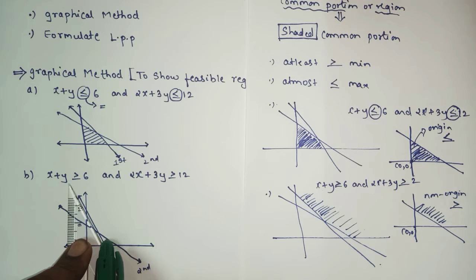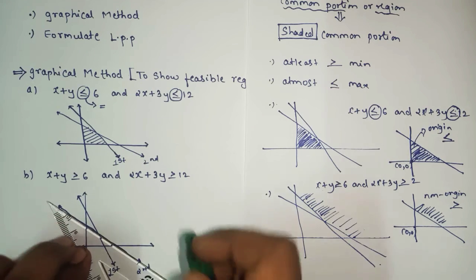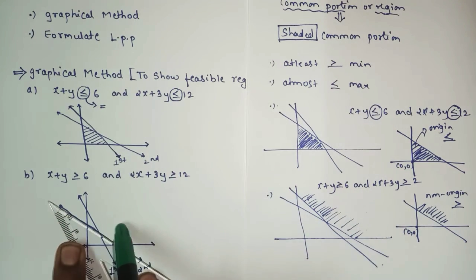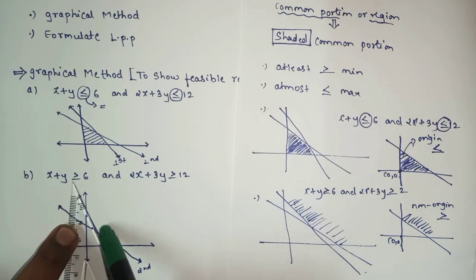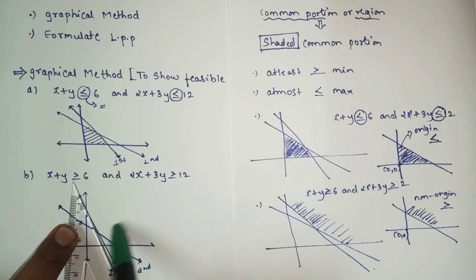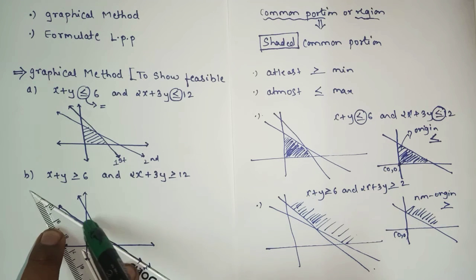Can you see this one? This and this region will come for the first equation. And for the second, again it is greater than, so this and this region will come. For this equation, it is greater than, so the shaded region will be this side.